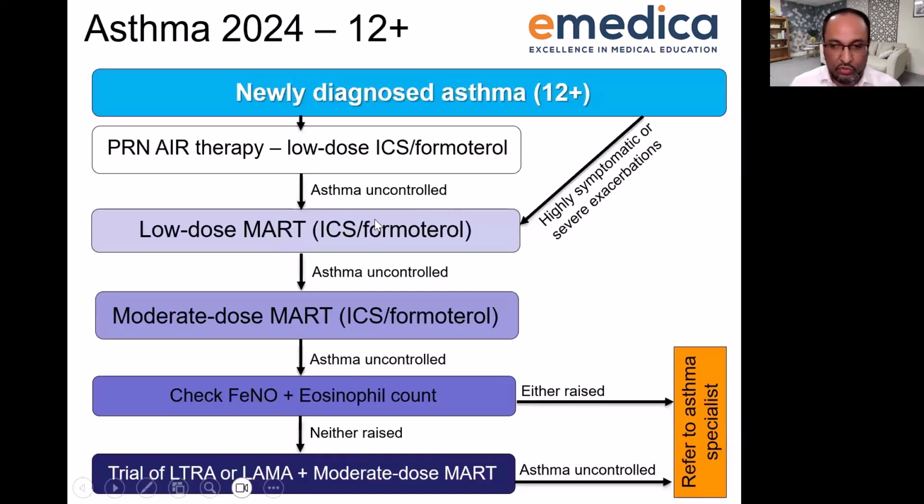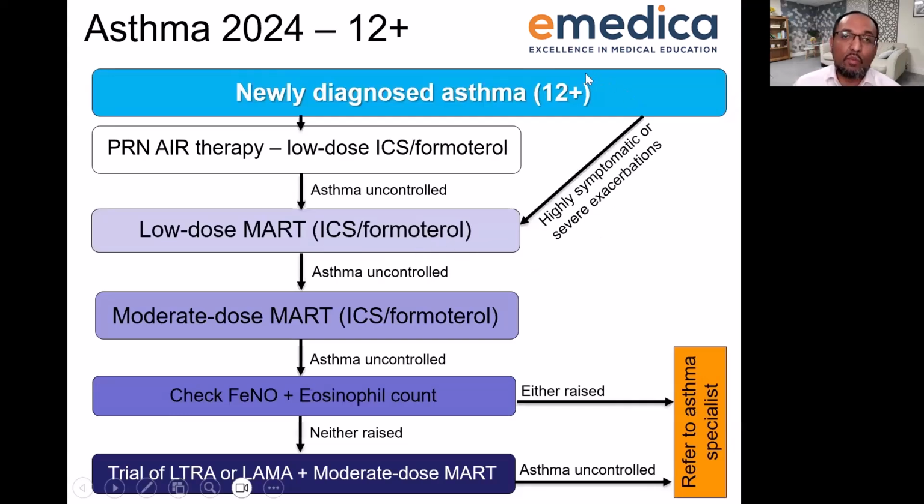In all of these options, do you see there is no salbutamol anymore? There's no SABA. It's removed in the new guideline for adults completely. Because anyone on MART doesn't need a separate salbutamol inhaler. You just take a few extra doses of the same thing, because the LABA, formoterol, is a fast-acting long-acting beta agonist.